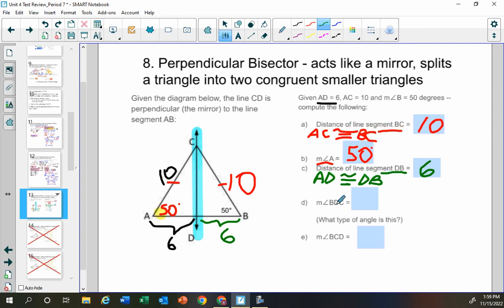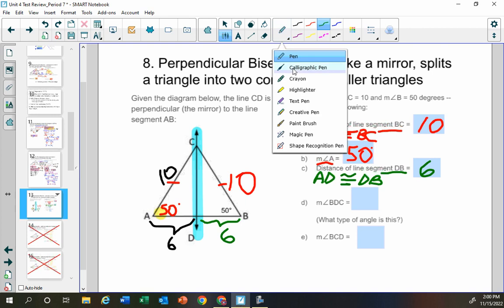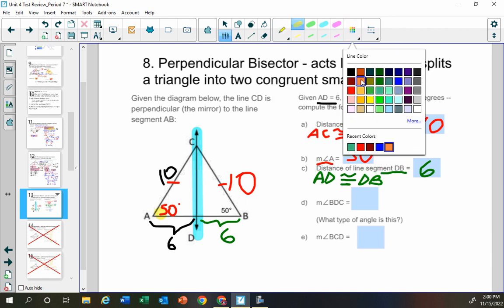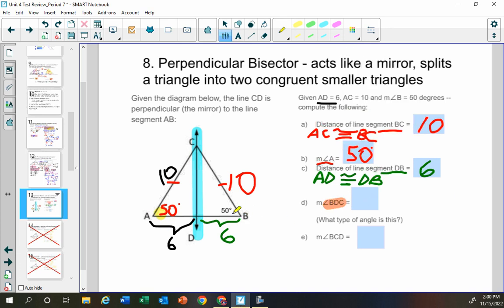Now, this next one, this is where, again, I'm going to tell you all, colored pencils might be a good idea. Angle B, D, C. Notice, here's B, D, C. Anybody have an idea on what angle this closest resembles?